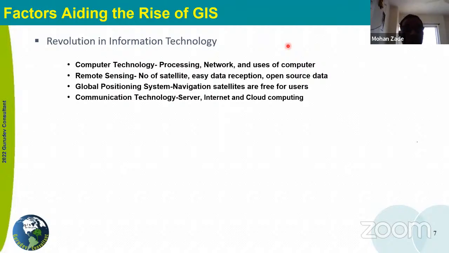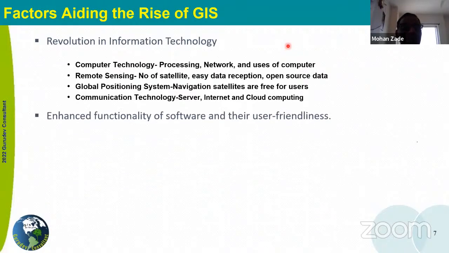Global positioning systems: earlier, GPS was not available to general users, but after the 1980s it was made available, and it is now becoming a common technology in our daily life. Communication technology, servers, internet, cloud computing. These are the helping factors, or drivers, that gave rise to GIS.